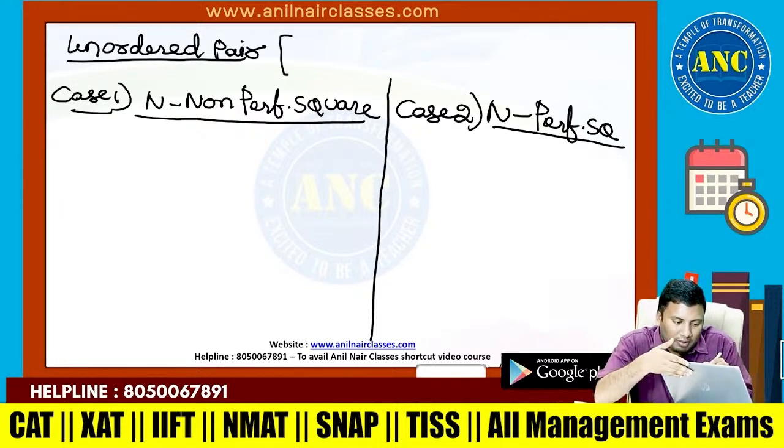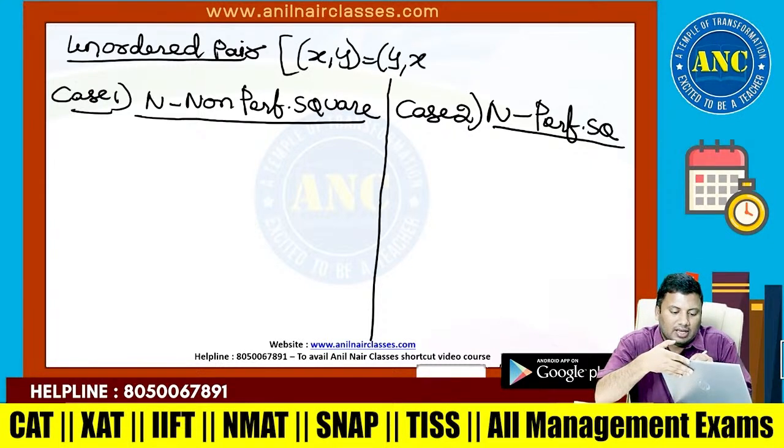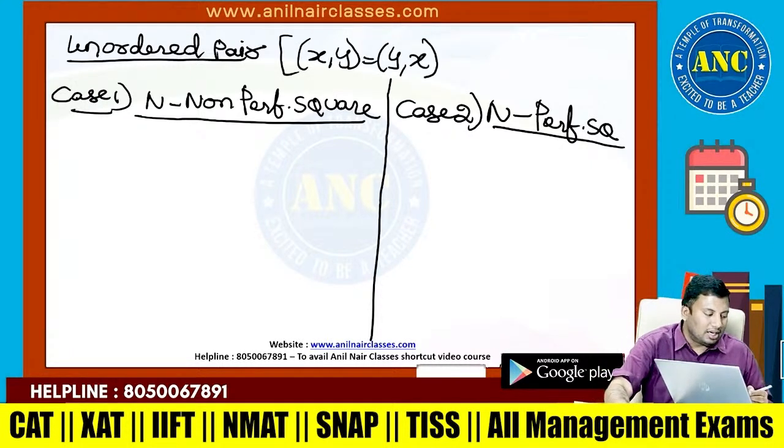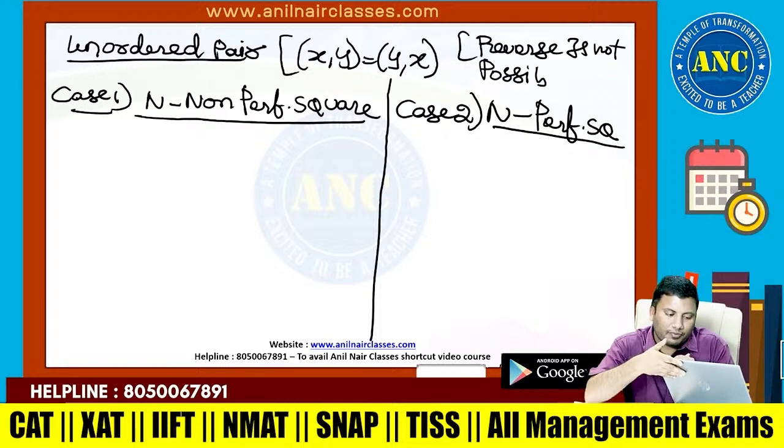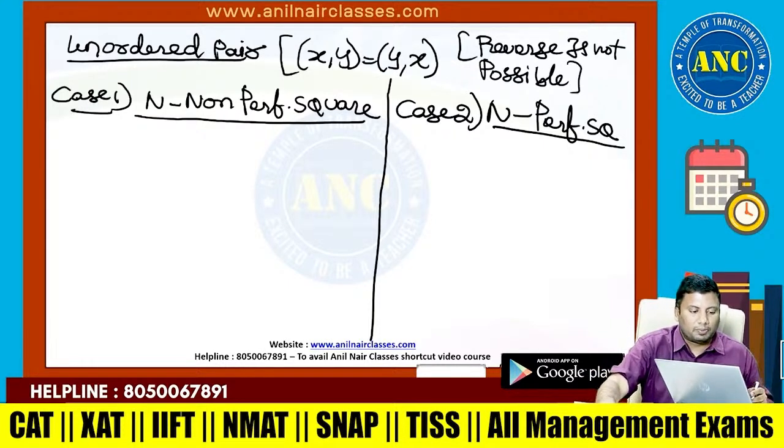What do you mean by unordered pair? (x, y) is equivalent to (y, x), that means reverse is not possible.